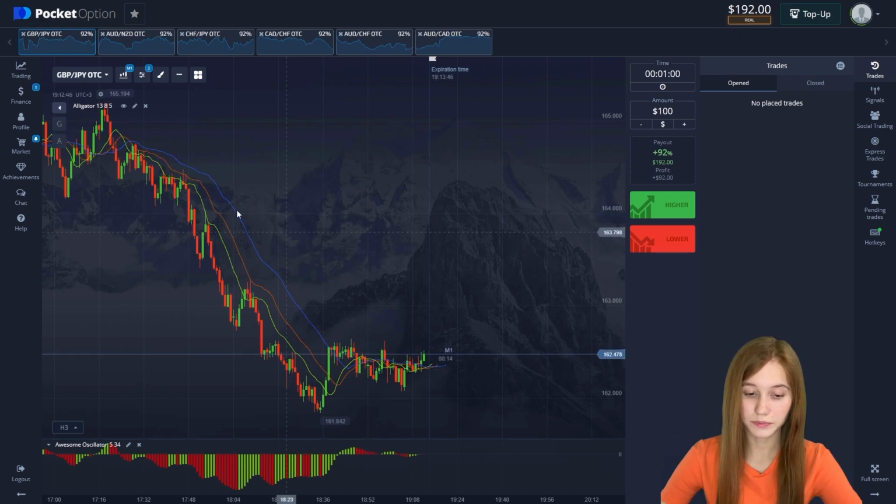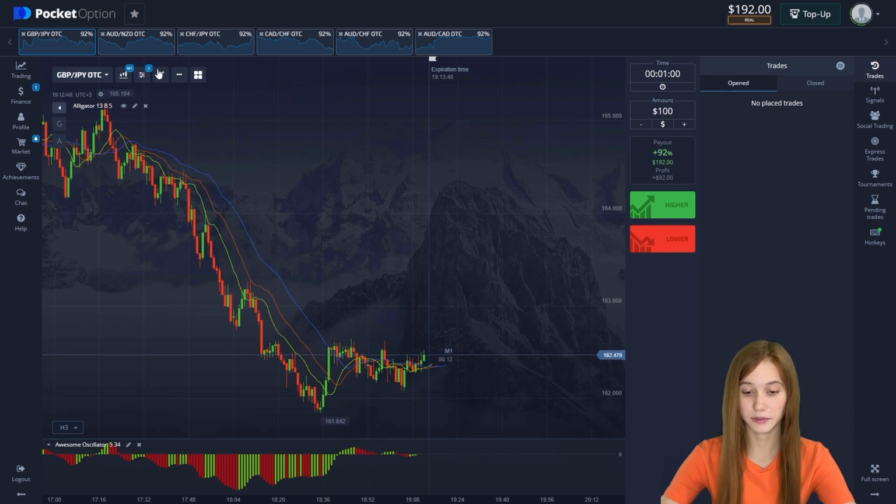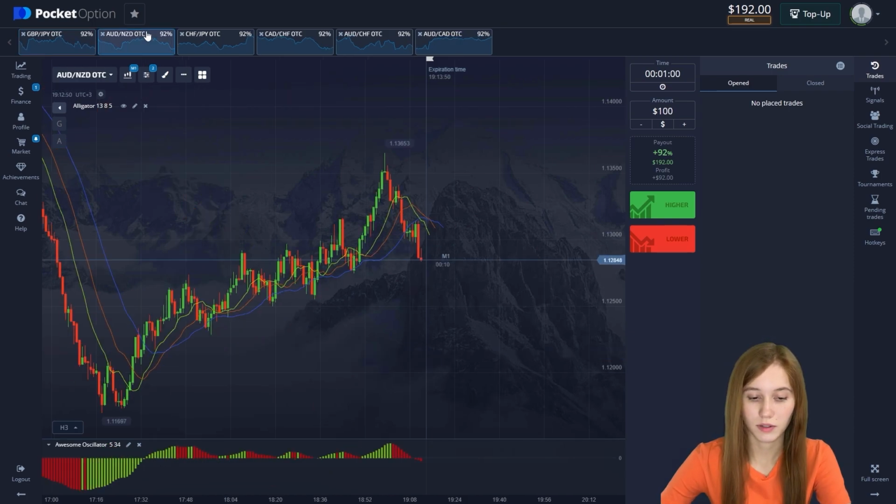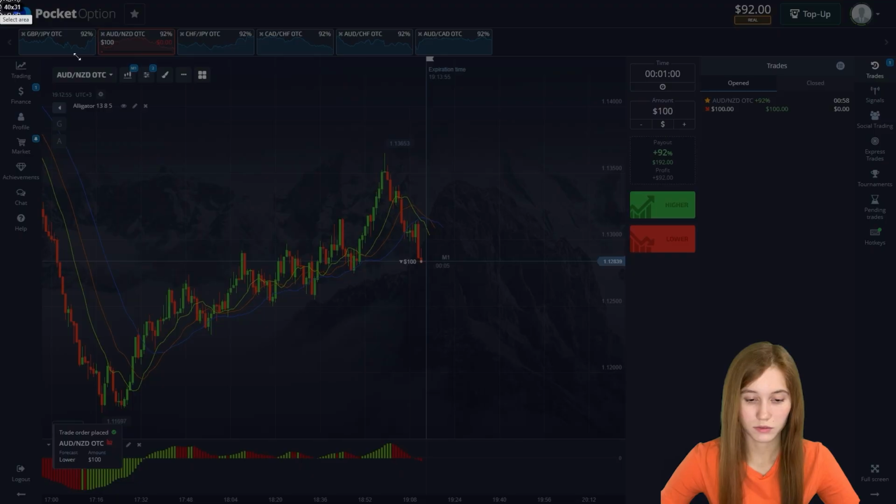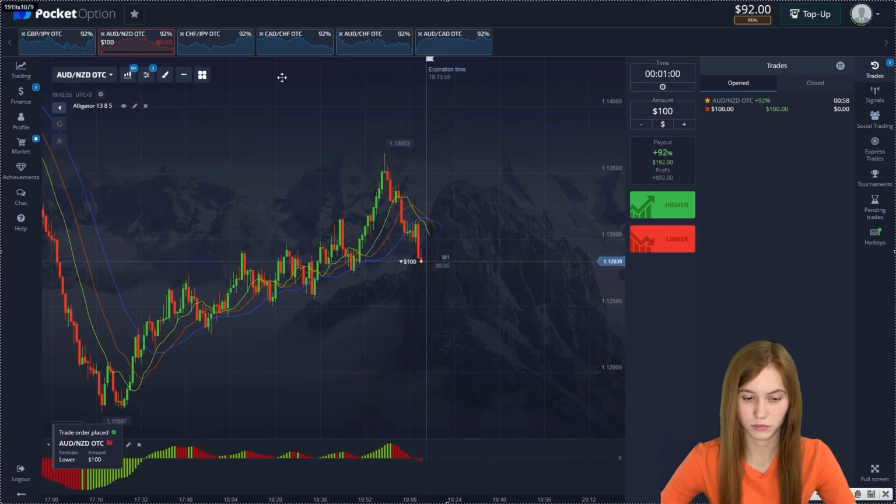Here we are. Up and down. Some drawdown we see. Alligator shows us some lines.